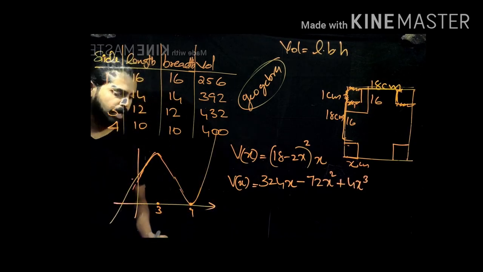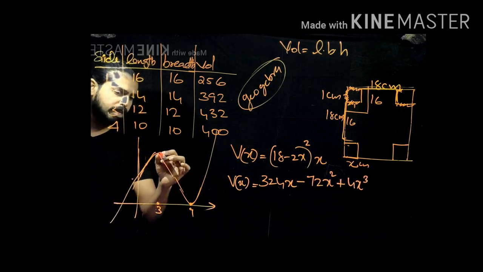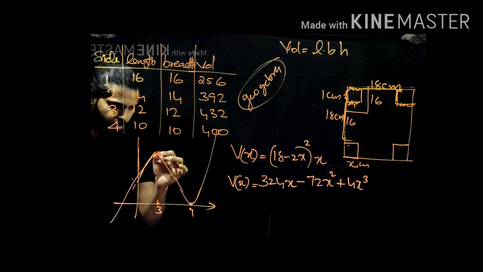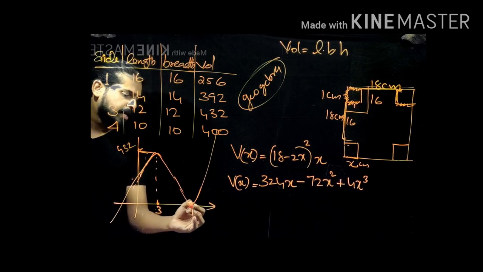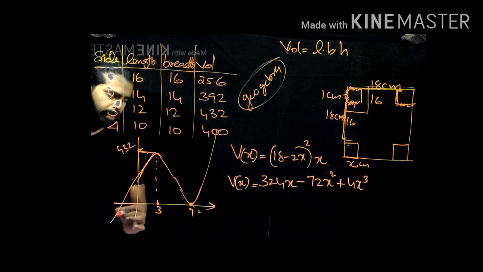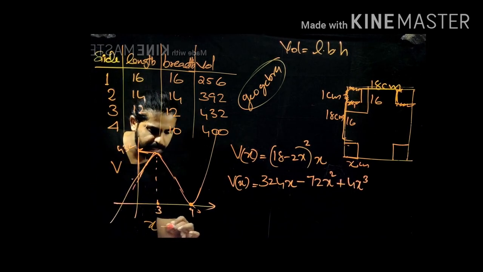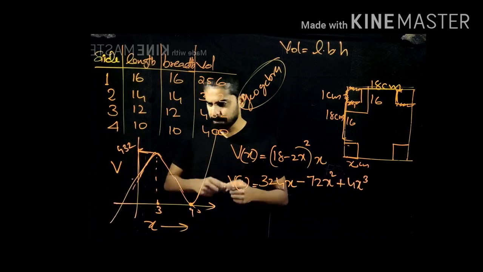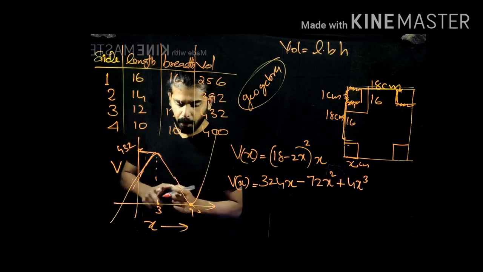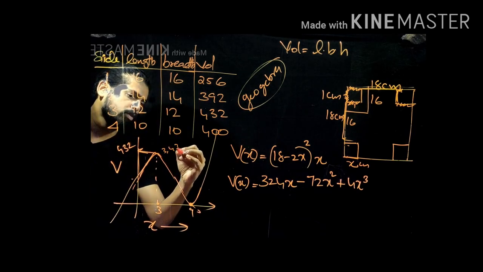What I observed is, at 3 units, this was 432, and at 9, this was 0. This is the y-axis, it is volume, and the x-axis is x itself, meaning the side of the square. This point is 3, 432.